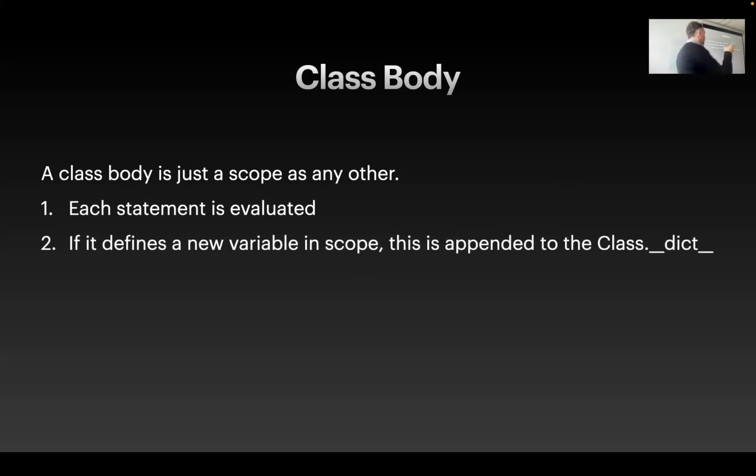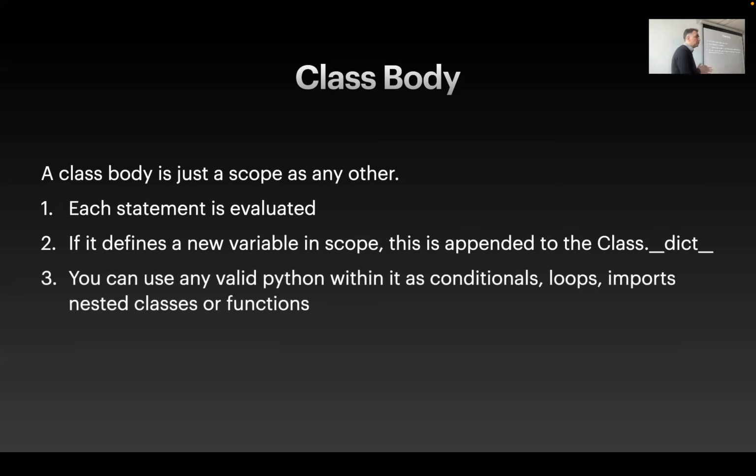The result is appended to the class dict, which is the namespace of the class, and that's it. You can put any valid Python within it, such as conditionals, loops, imports, even class and function definitions. Whatever you can write outside of the class body, you can write inside of it. It's not much of a constraint, right? And we're going to exploit this later on and see what we can do with that.